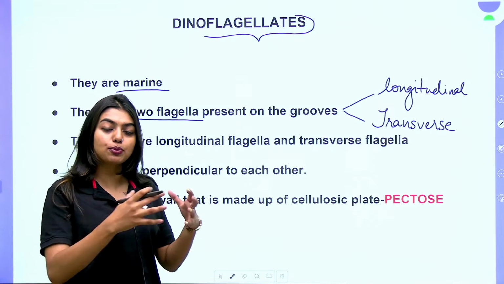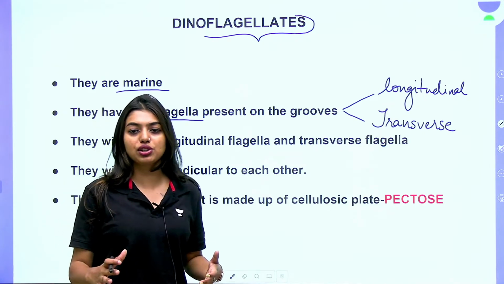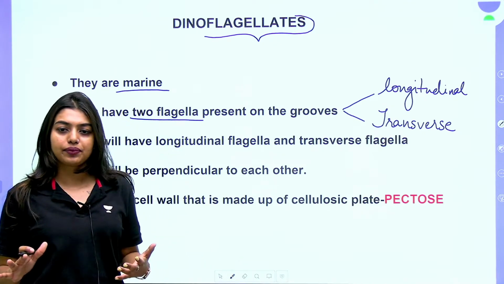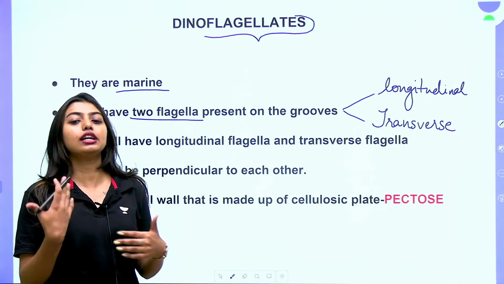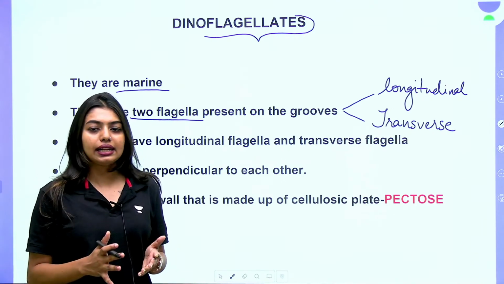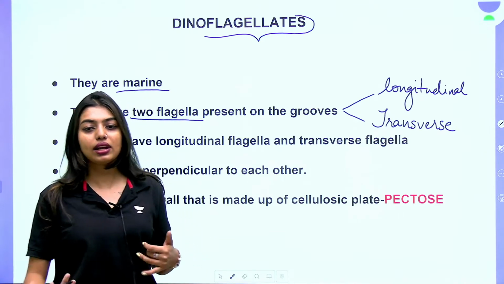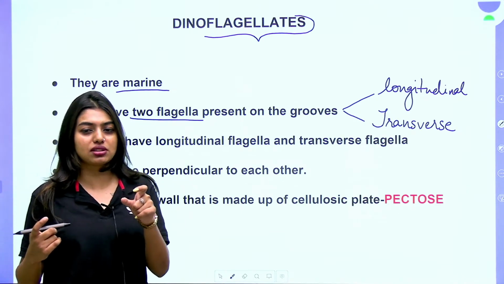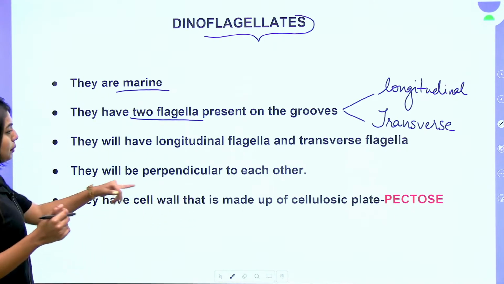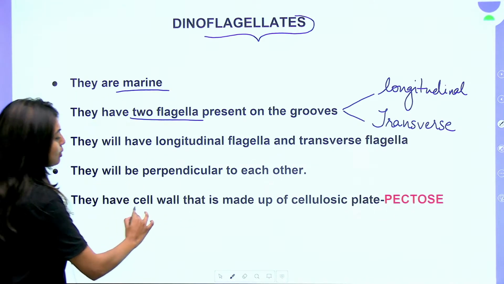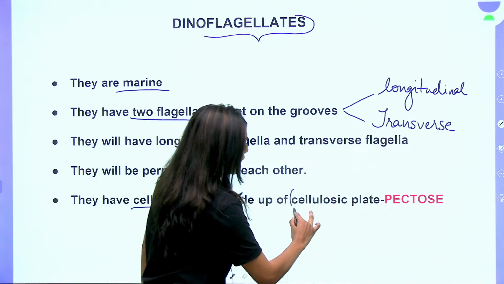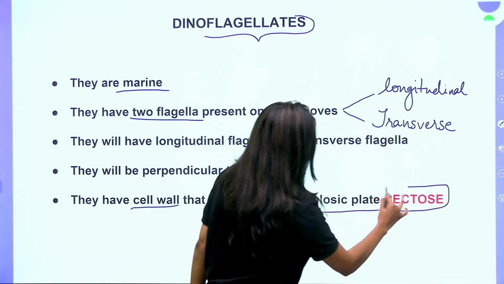This protista chapter itself is a favorite question for NEET. So, people who are taking it too lightly, do not take it lightly. You might even lose 1 or 2 marks because you are careless. So do listen to all the exceptions. Now, they will be perpendicular to each other. They have a cell wall that is made up of cellulosic plates.